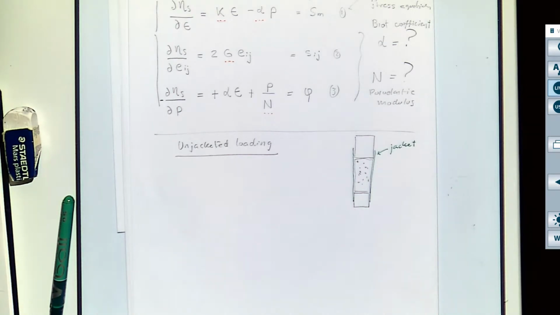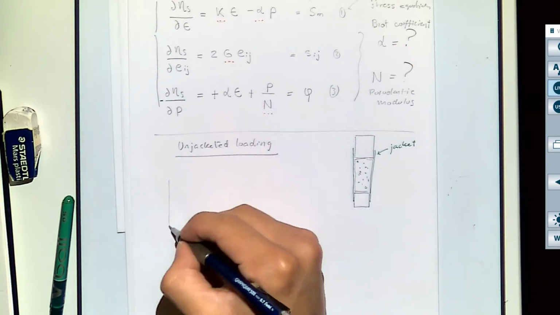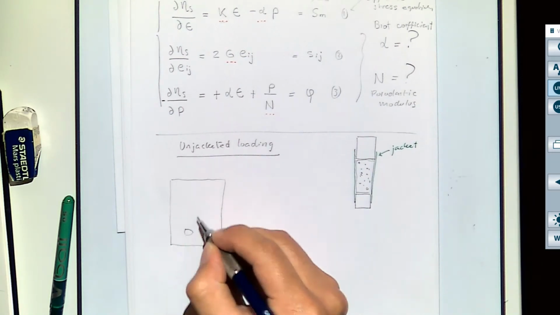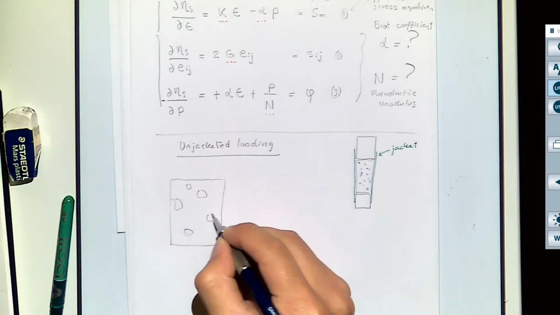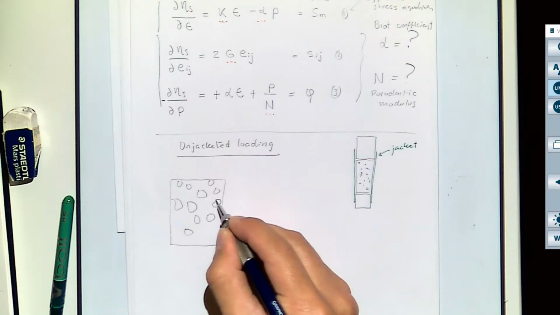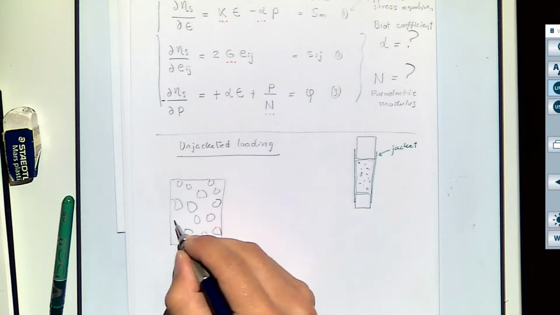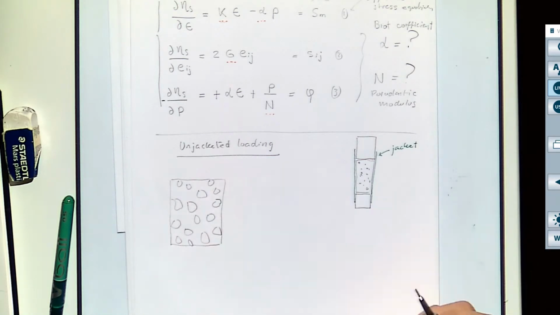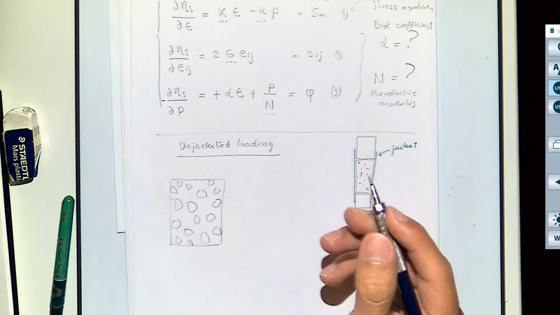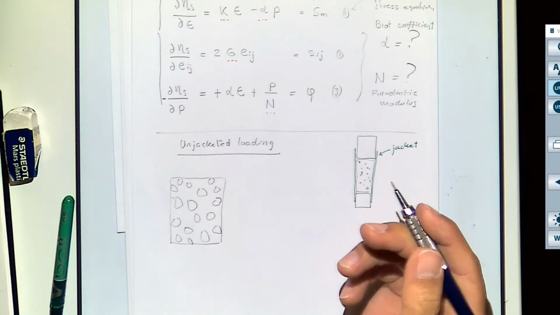Okay, we'll do this experiment later on, but not right now for this one, because this one is an unjacketed loading. And that's going to mean that we're not going to use any jacket at all. And in this type of experiment, we're just going to get a porous solid. Can be anything. Something nice about theory of Poroelasticity is that you can use it for rocks, but also you can use it to explain the formation of bone. You can use it to explain the formation of organic tissue, or even other things than bones.